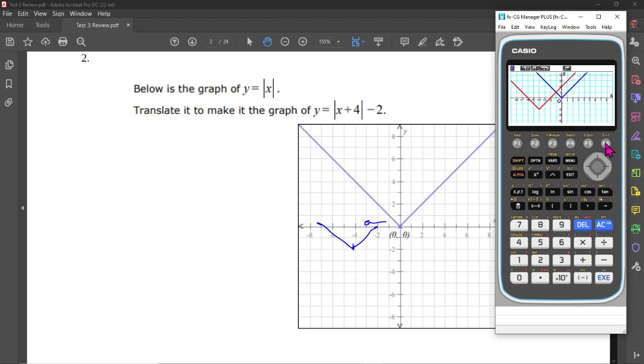I hit graph again. So Casio is just a little funky for getting around, but it does have this menu system that the TI-84 doesn't. And you can get the color version for about $70 or $80 instead of the $140 or $150 of a TI-84. So that's why I like this one, and we'll just figure out how to get through it.